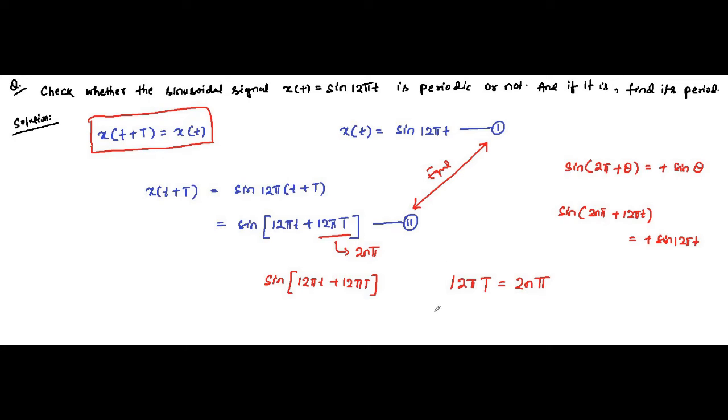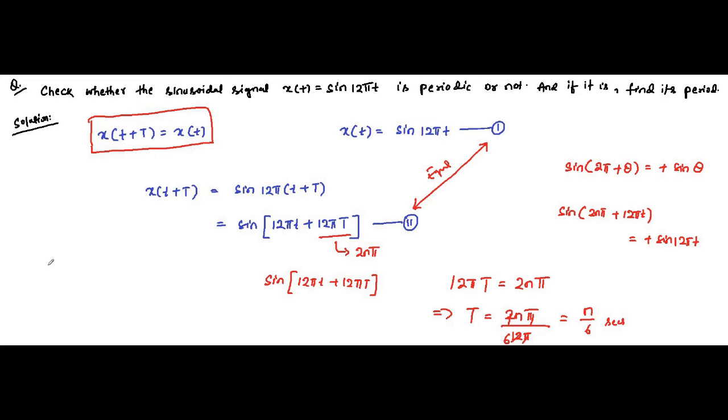So that implies T equals 2nπ by 12π, π cancels, which is equal to n by 6 seconds. The general expression is n by 6 seconds.